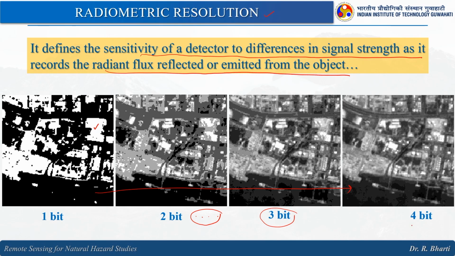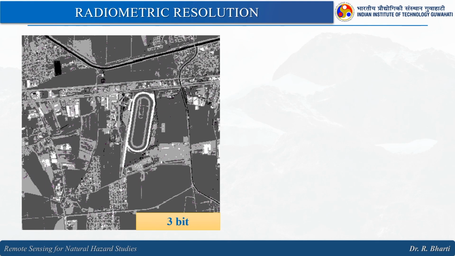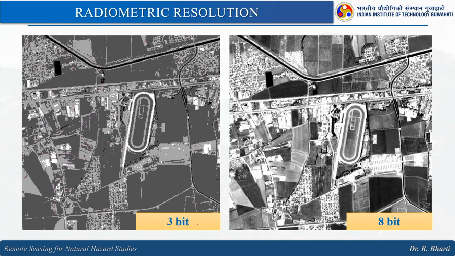So, when we increase the radiometric resolution, definitely we will have better information about the target. This is one example. Here you have 3-bit, here you have 8-bit, right.